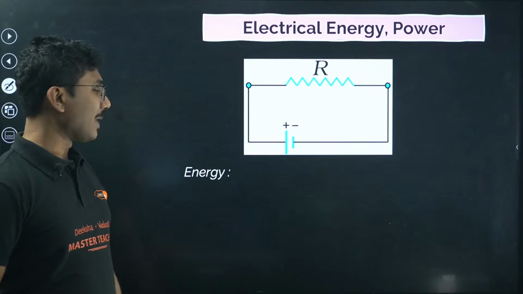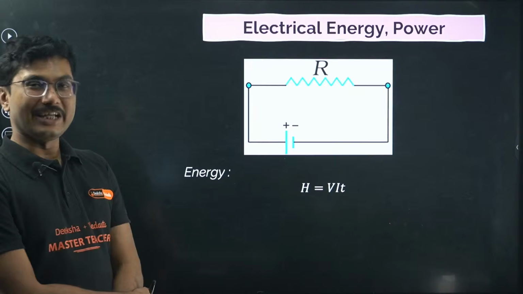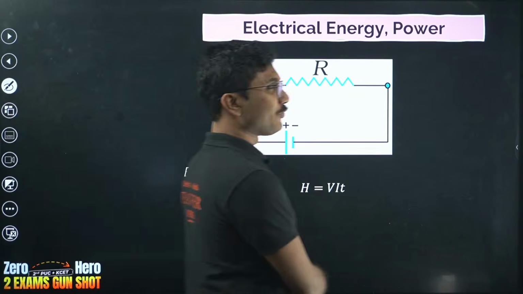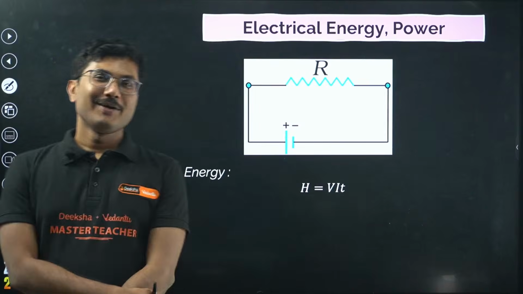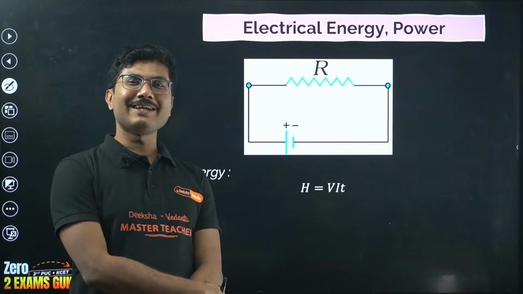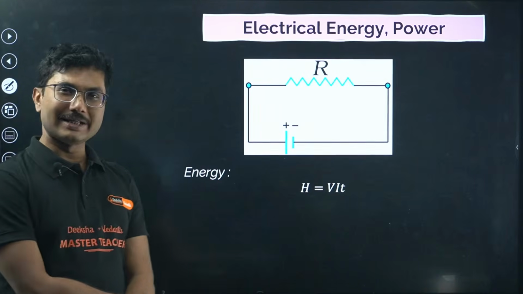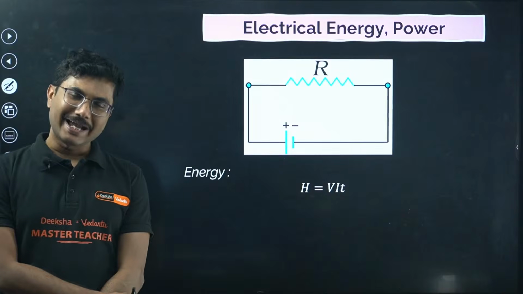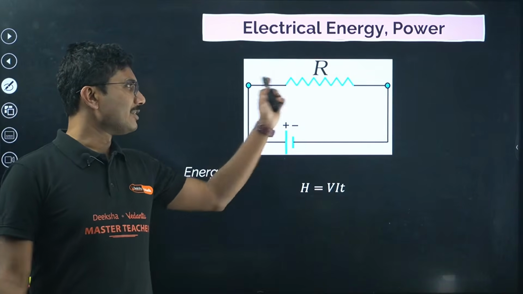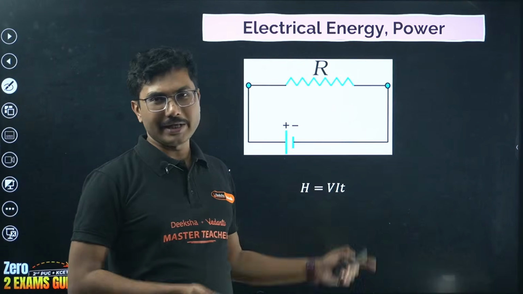The electric energy that you consume is given by VIT, that is vitamin. If you eat vitamin, you will get energy. Similarly, when you are spending energy, you are spending vitamin, V into I into T. This way you can remember: energy equals vitamin, vitamin equals energy. So energy consumed in a circuit is given by V into I into T.